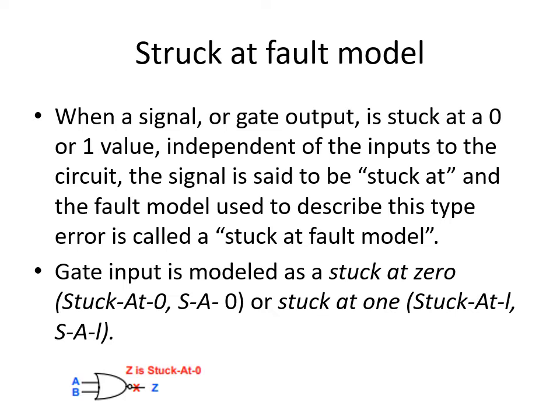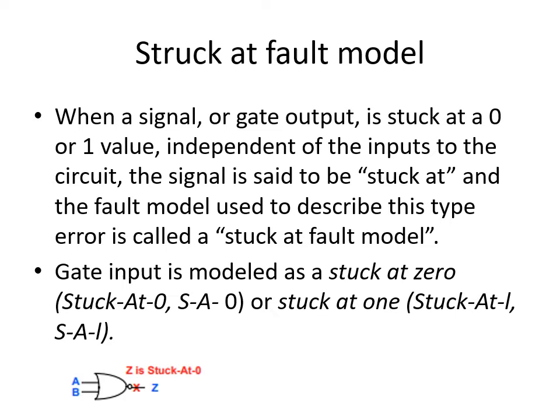Let us see what the stuck-at fault model is. In the stuck-at fault model, the given line has a constant value. That value can be either 0 or 1, independent of other signal values in the circuit.